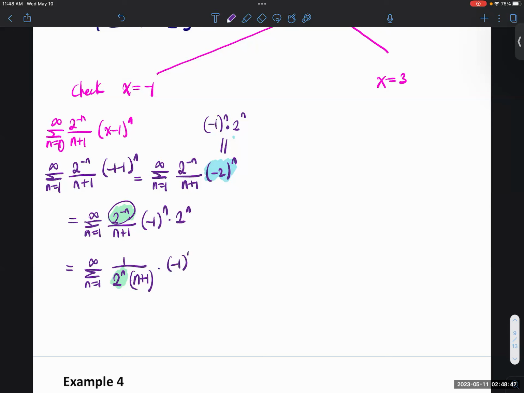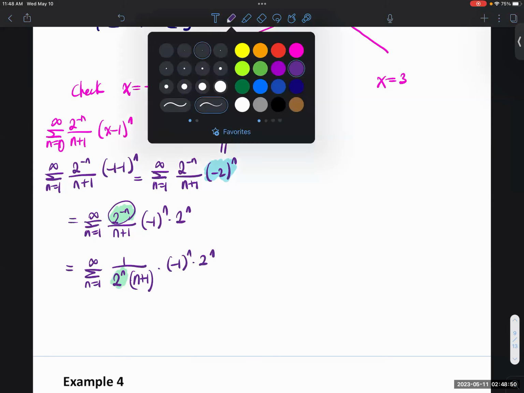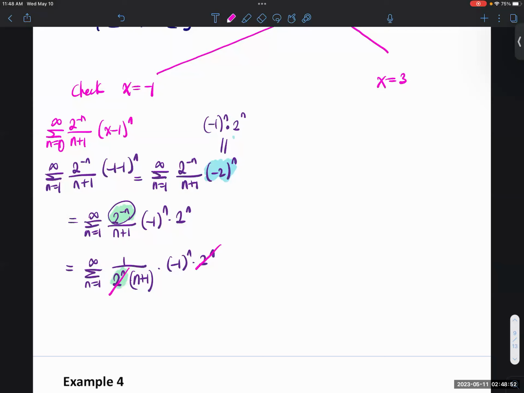What I'm doing is trying to cancel. So at the end, what is remaining? -1 to the n over n plus 1.